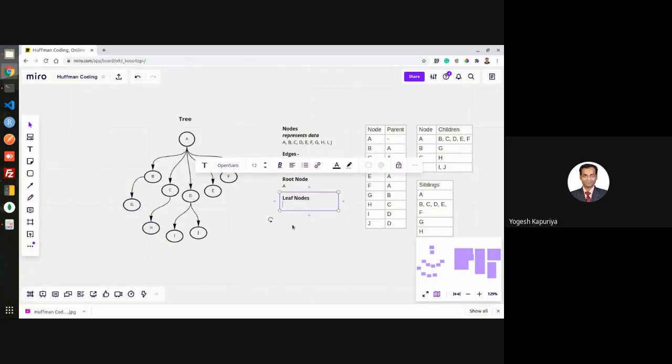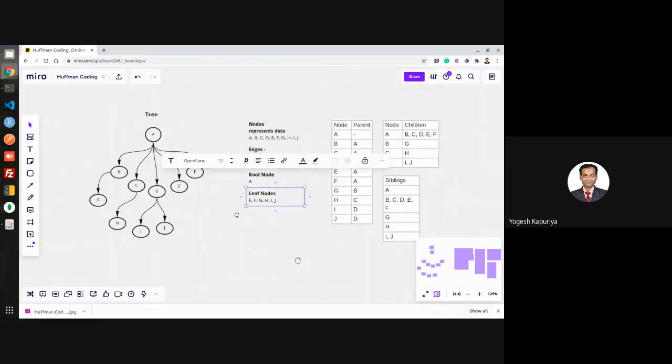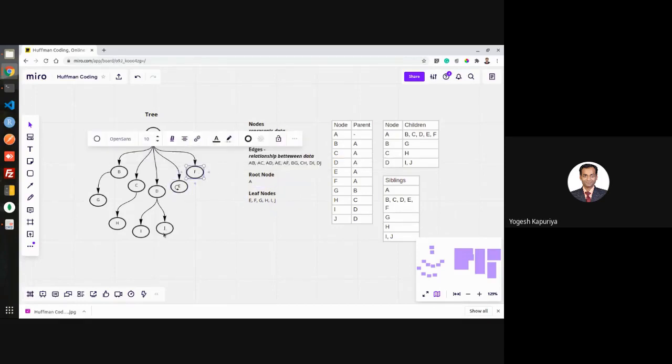So you can say that all these nodes are leaf nodes. Leaf nodes means the node without any child. So in this tree, we have a total of 6 leaf nodes. 1, 2, 3, 4, 5, and 6. Right?